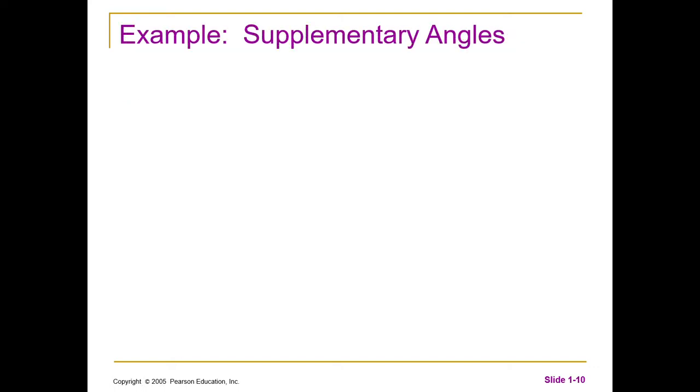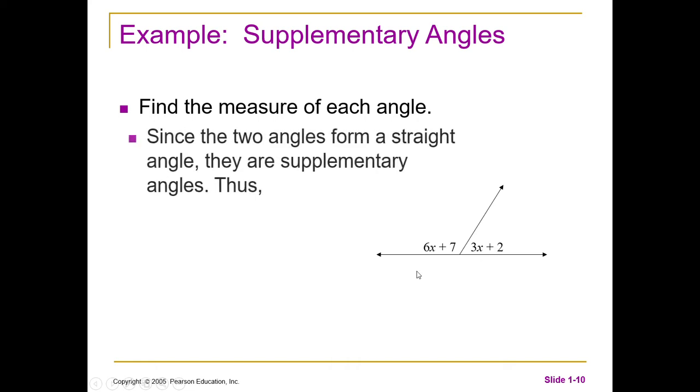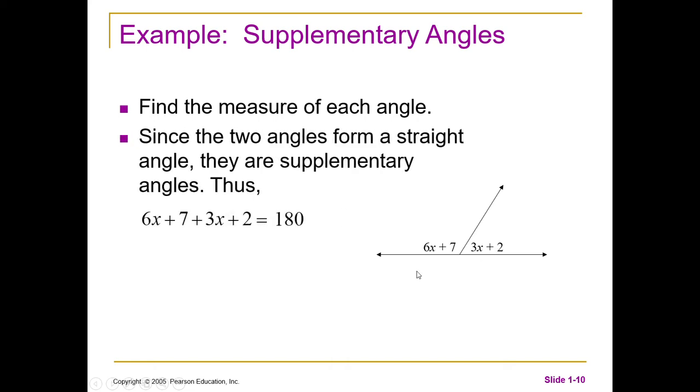Ayan, next. Supplementary angles. So, find the measure of each angle. So, alam natin itong straight line na to is 180, di ba? So, 6x plus 7 and then 3x plus 2 is equal to 180. Pag pinag-add natin ito, 9x plus 9, equals 180.